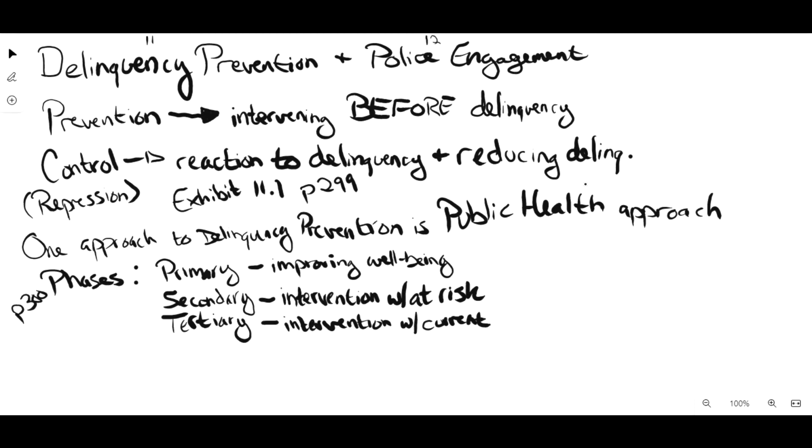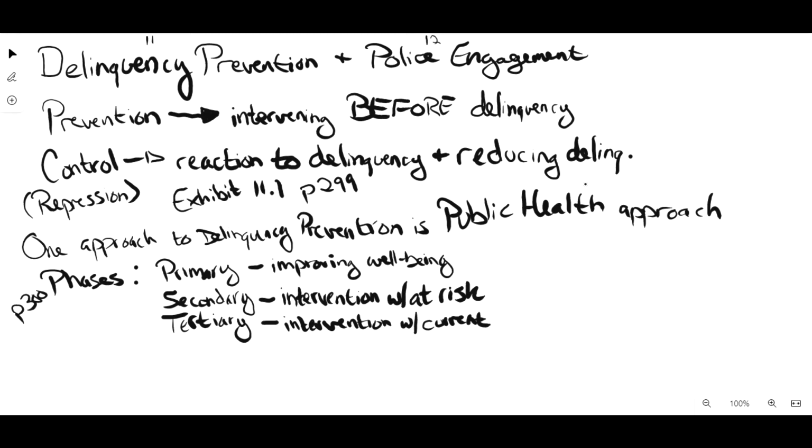So, approaching delinquency as public health means that the first step is not even addressing people who are currently in it. What we're doing is improving the general well-being of all juveniles, of all these neighborhoods, so that this is reducing that total number.